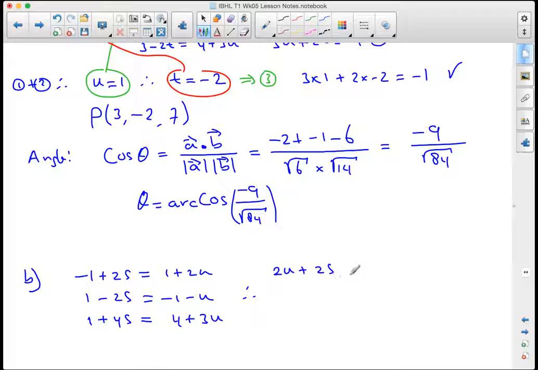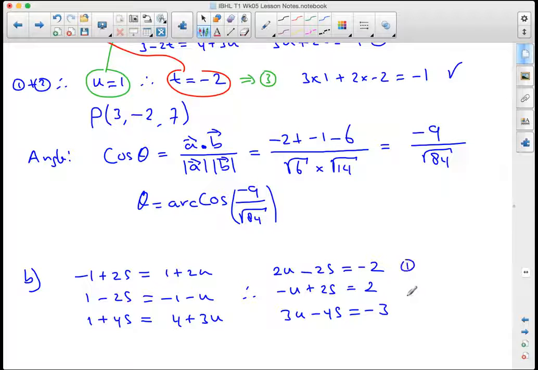2u plus 2s is -2, and here we got -u plus 2s is 2, and this one here was not positive, it was negative. So 2u, and we're going to bring the 2s to the other side. 2u take 2s is -2. And the last one here, 3u take 4s equals -3.